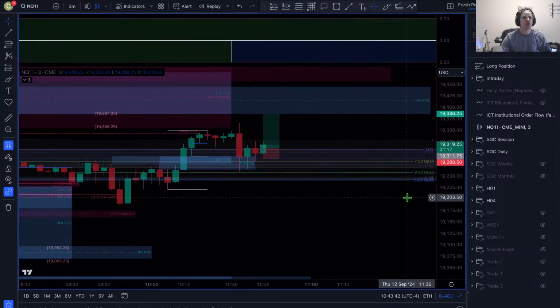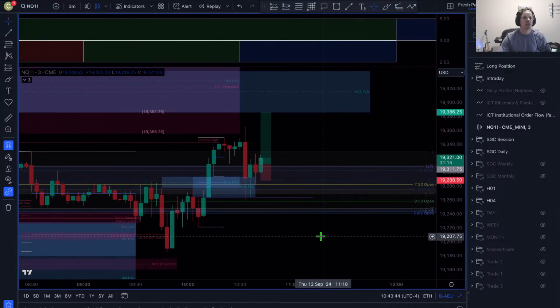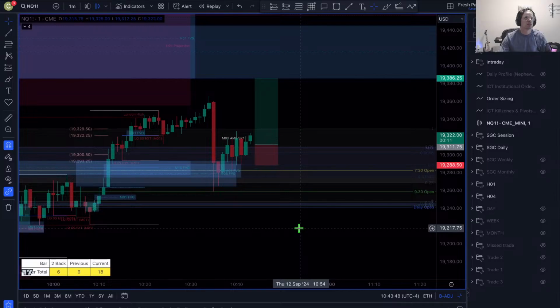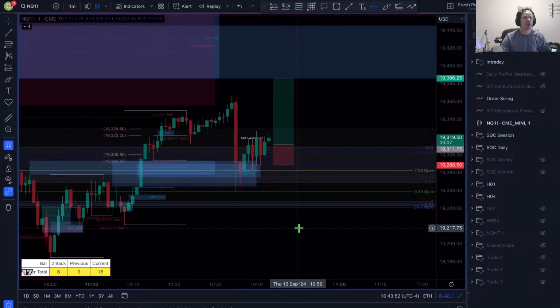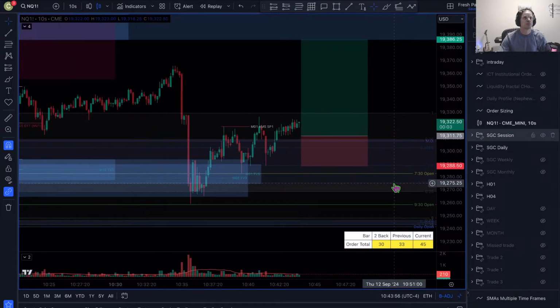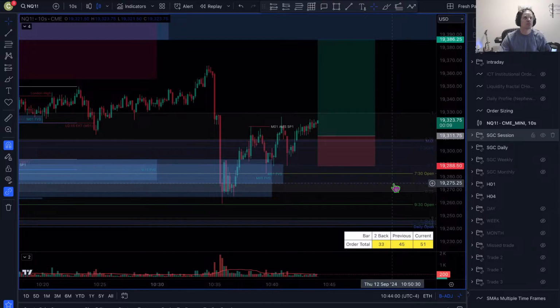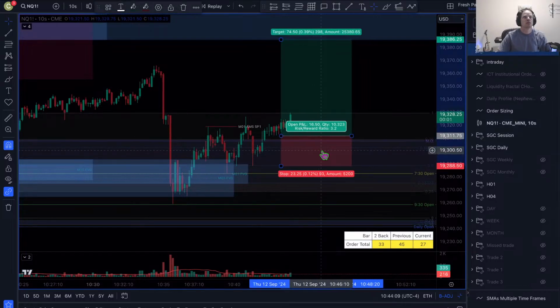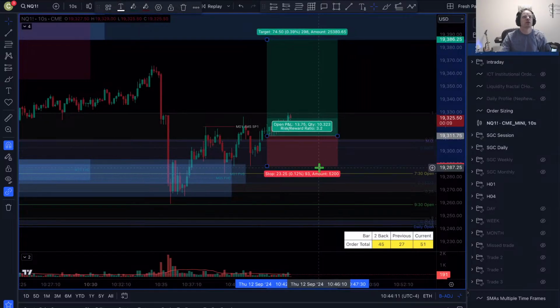I'm not in any trade, but this is a viable trade. Back above midnight open. Effectively trading off of that, right? Could have been in right there. Barely tagged in.